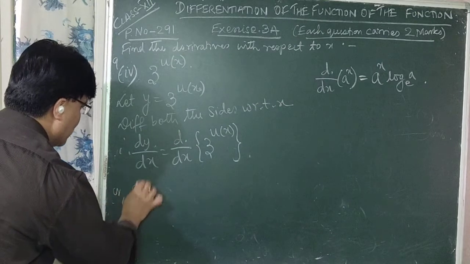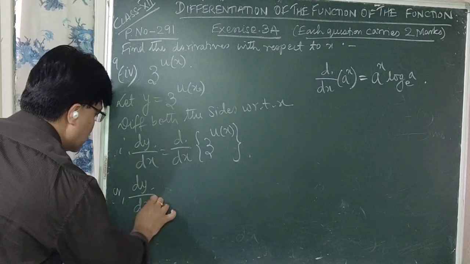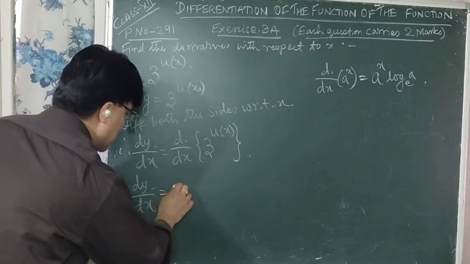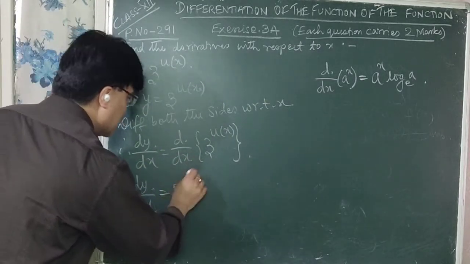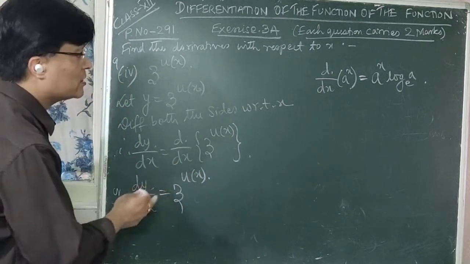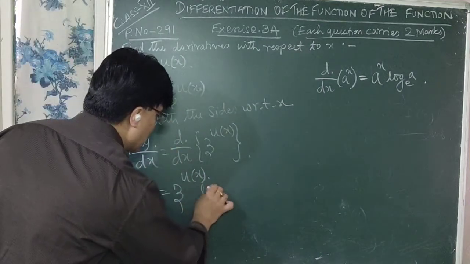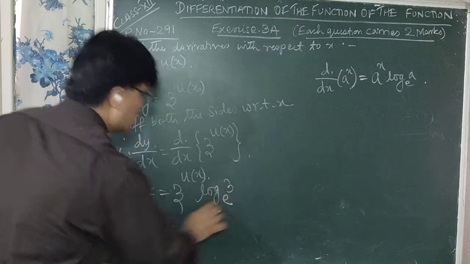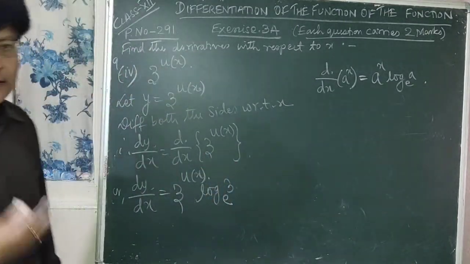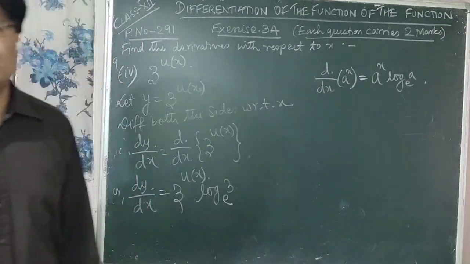So dy by dx is equal to, this is just like a to the power x. So a is 3 and x is u of x. You should write u of x instead of x. Then log a base e. Log, what is a here? Log 3 base e.